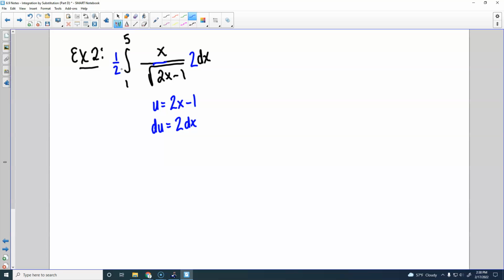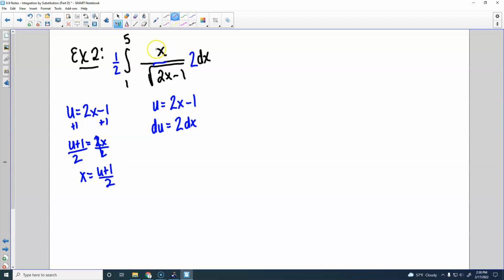I also have the x in the numerator, so I've got to solve for x here. I've got u equals 2x minus 1, so I'd add the 1. u plus 1 would equal 2x. I'd divide by 2. So x is u plus 1 over 2.